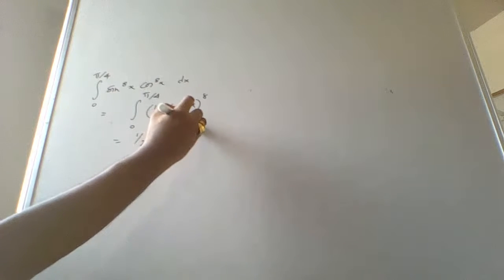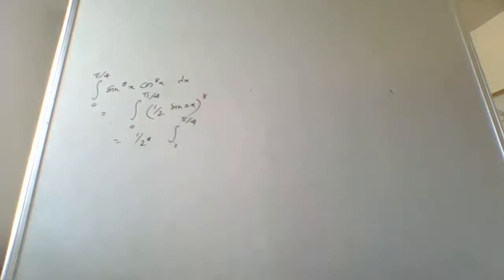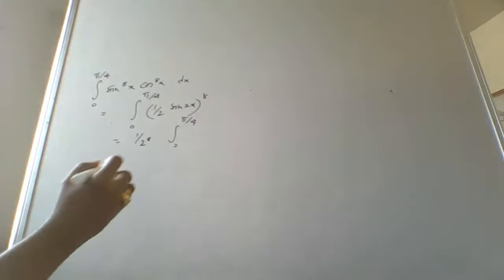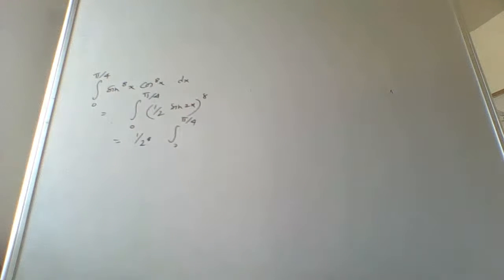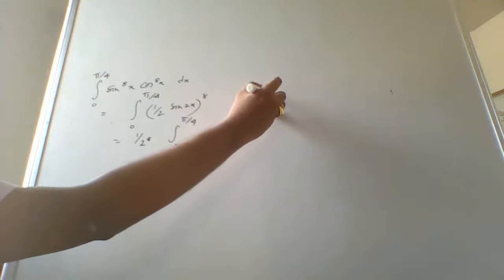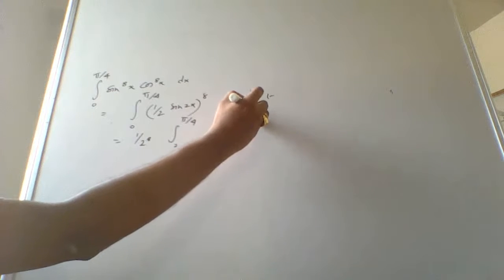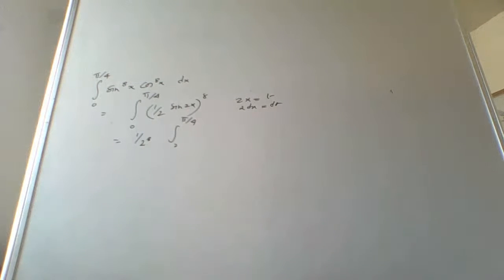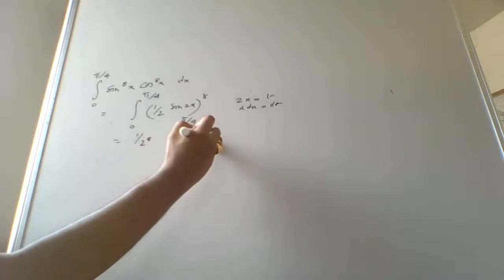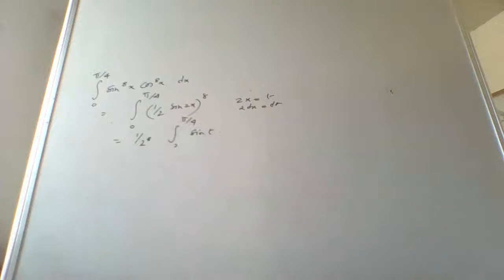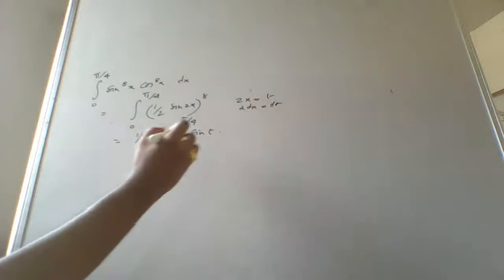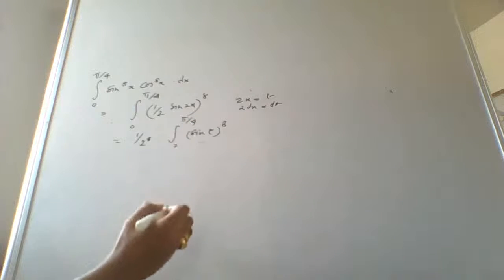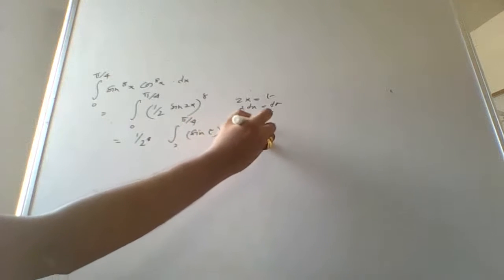If I take 2x as some t, I get 2 dx equal to dt, or dt by 2. So this will be sine t to the power 8 and 1 by 2 dt.